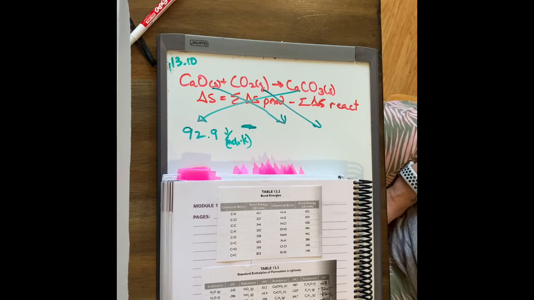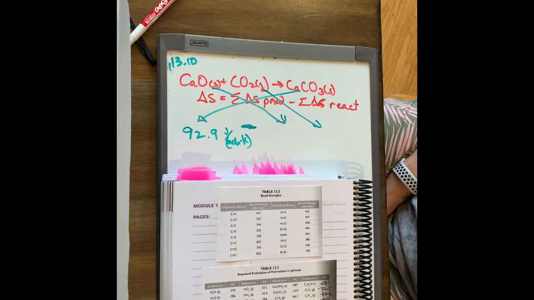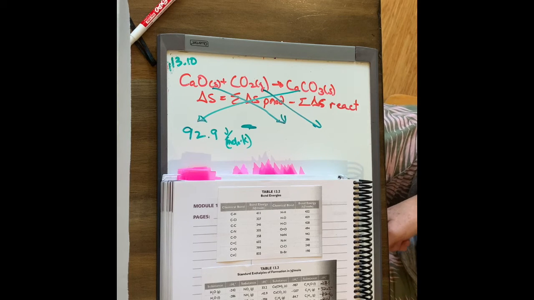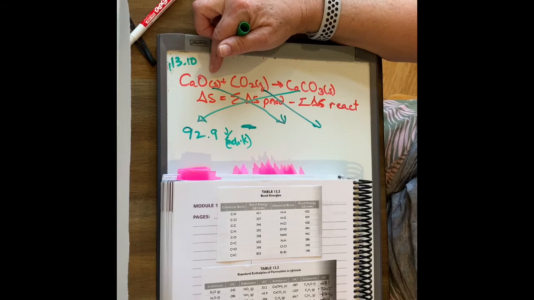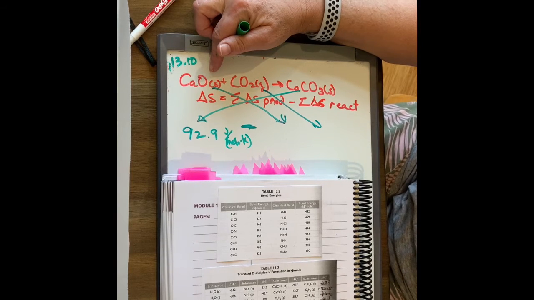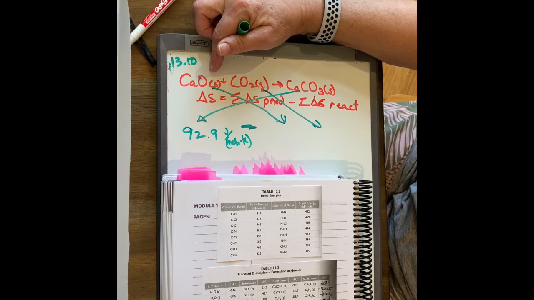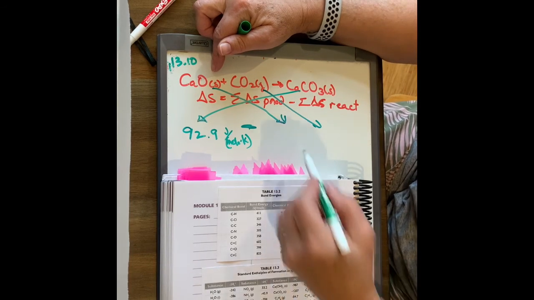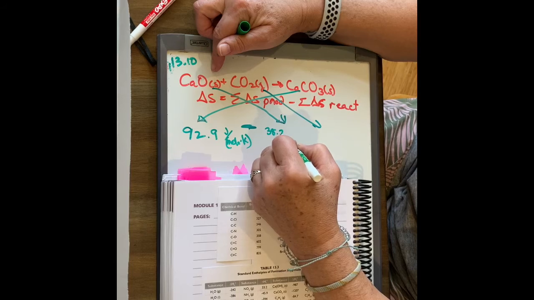So we'll have a little bit more energy dispersion for that. All right, so our entropy for CaO, let's see if we can find it here. CaO as a solid is 38.2.